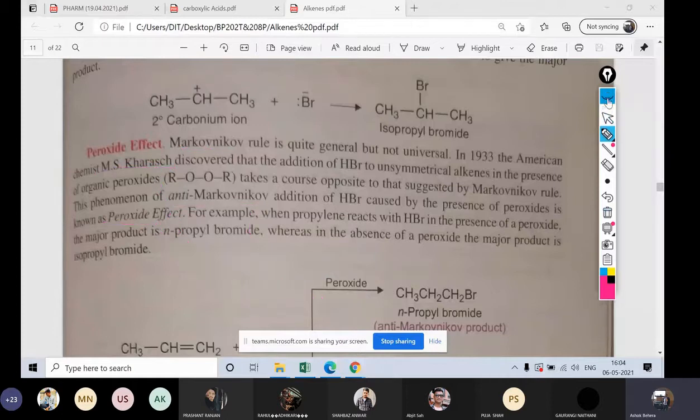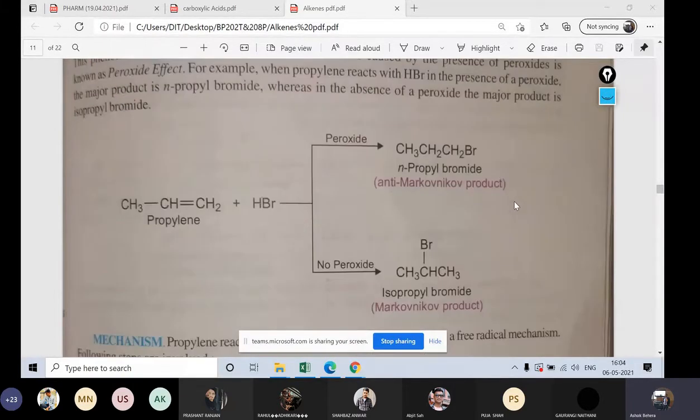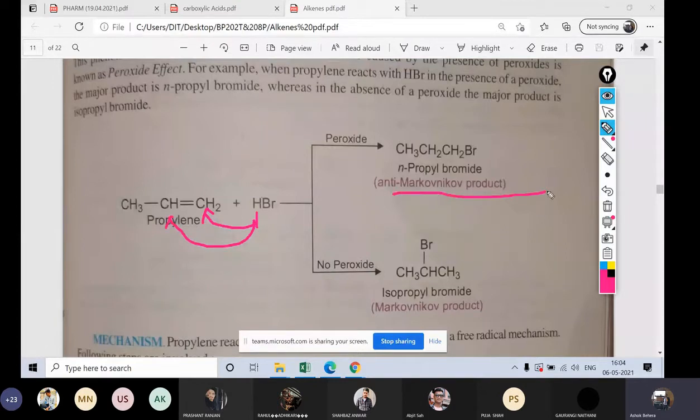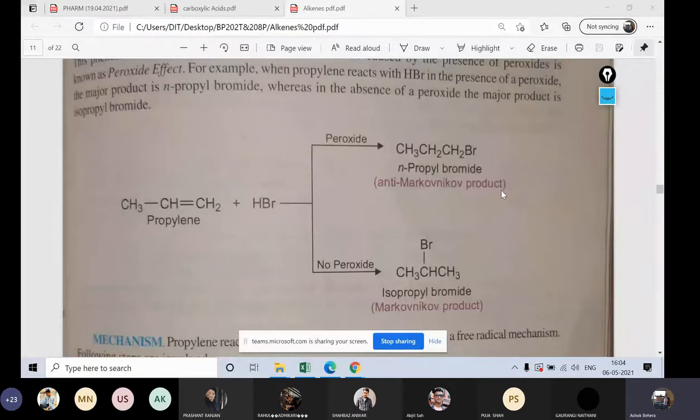This is against the Markovnikov rule. Markovnikov said the positive part goes to the more substituted carbon, but anti-Markovnikov says the positive goes to the less substituted one. So this is the anti-Markovnikov product. Someone may ask you the anti-Markovnikov rule also. It can be a 5-mark question.